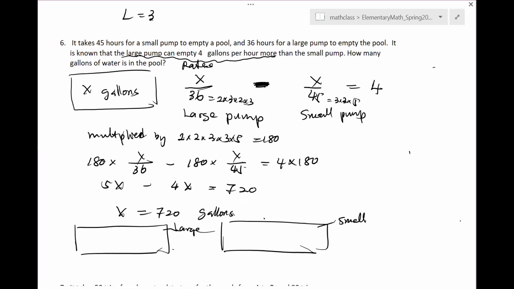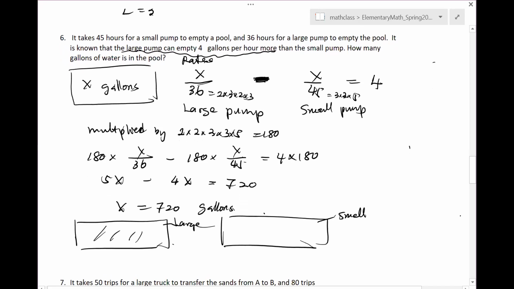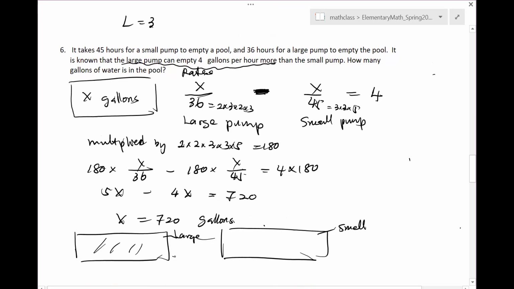Then you will see this side is empty, right? In 36 hours, this side is already empty.